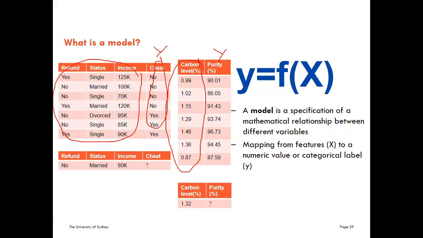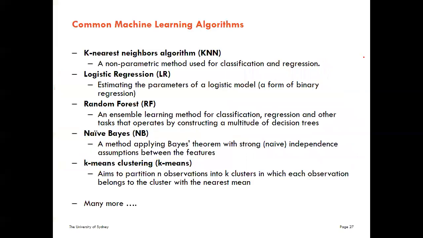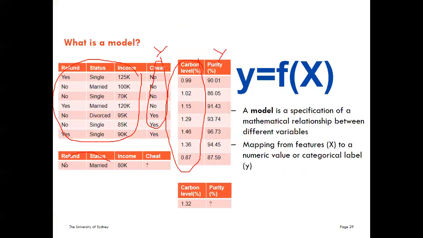So we want a mathematical model to train on this data, and then when the future data comes in, this is our future data, the model should learn from the previous data and spit out the label for it.